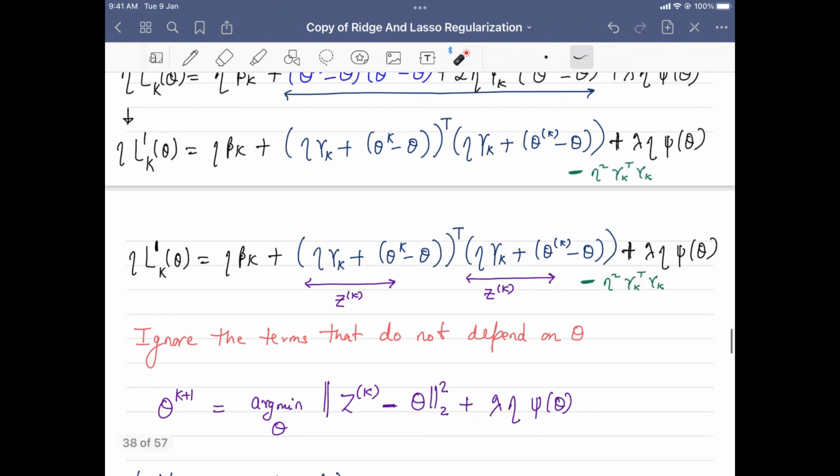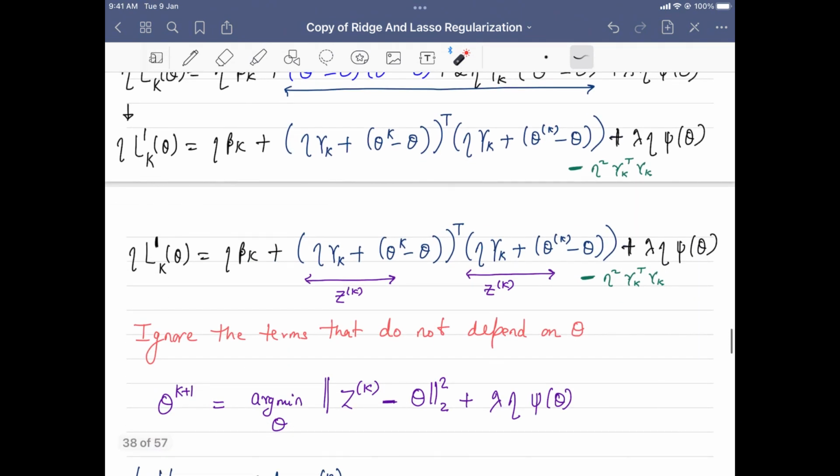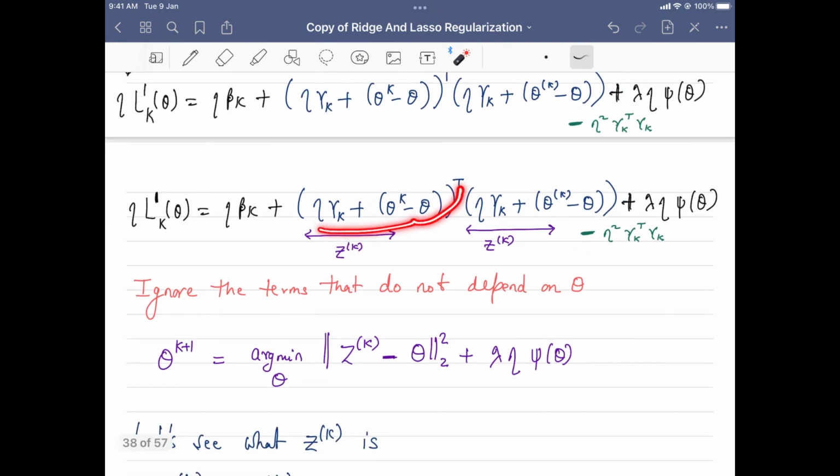Now we are actually minimizing this loss function over theta, right? So we want to see which of these terms are actually dependent upon theta. We can observe that this is not dependent on theta, this is also not dependent on theta. The only terms which are dependent on theta are this one and this one. So if I am writing this particular term as zk minus theta, then we have zk minus theta transpose zk minus theta, which is nothing but the L2 norm of zk minus theta.